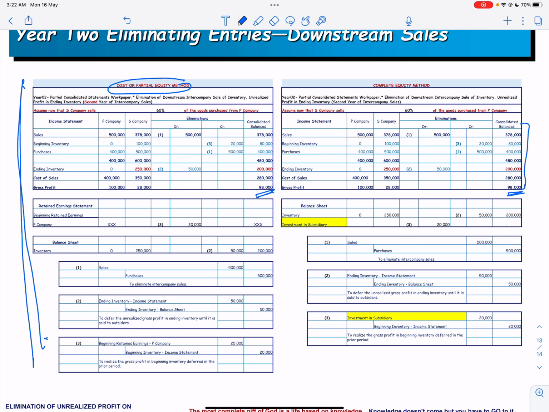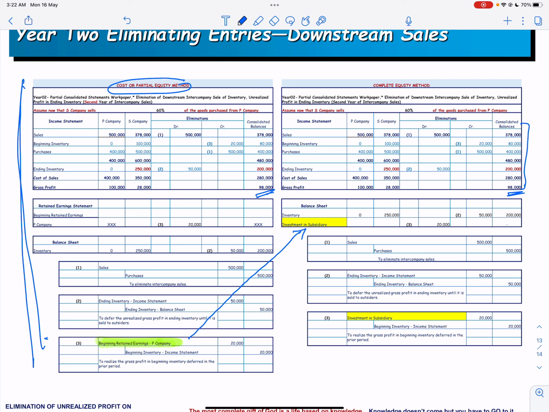The only difference is with reference to the beginning retained earning that we have debited in the case of the cost method, and this has been substituted by investment in subsidiary, and let us look into what we mean by that.